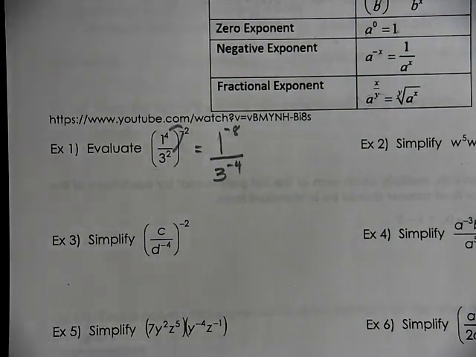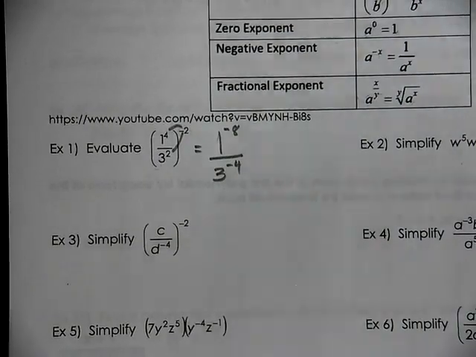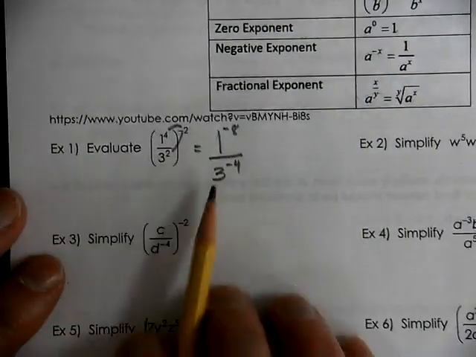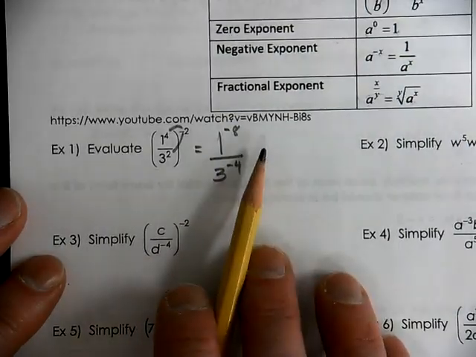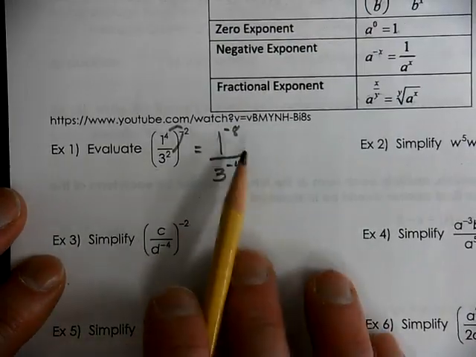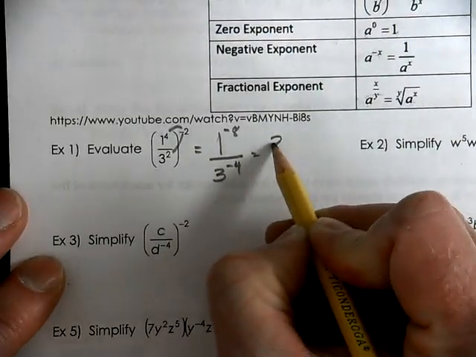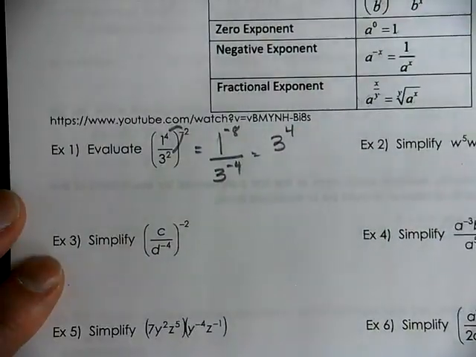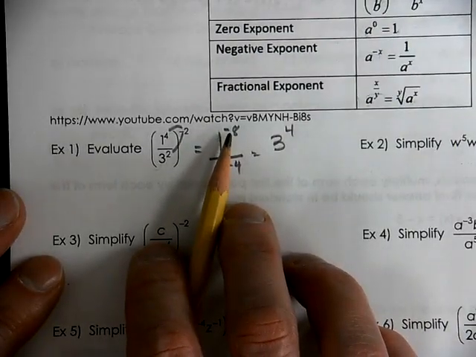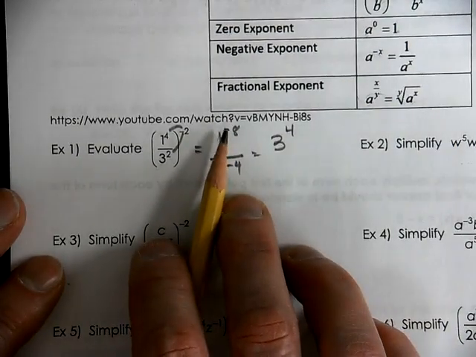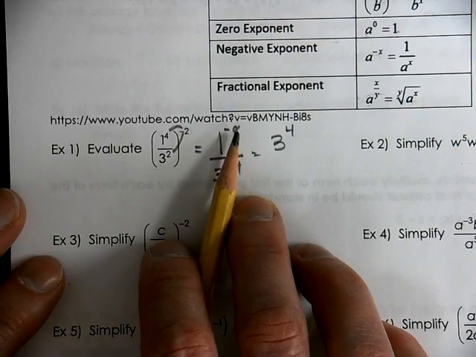Now I see I have negative exponents. Well, negative exponents don't stay where they're at. This negative exponent's not happy there, so we're going to move it to where it has a positive exponent. It goes to the top. This 1 really has an exponent of negative 8.